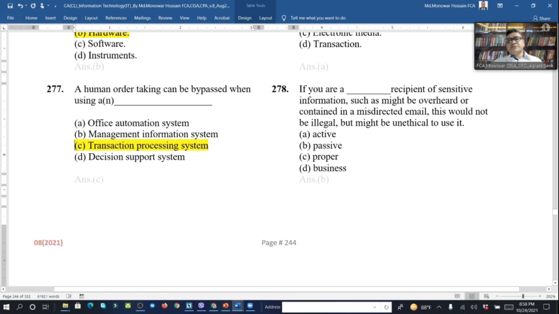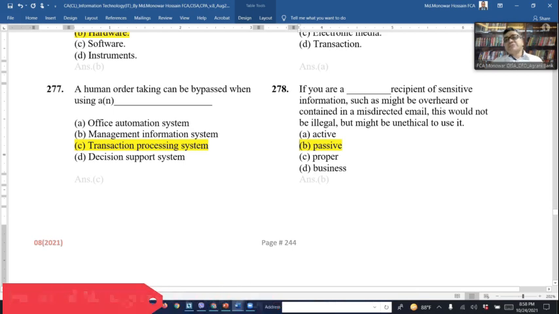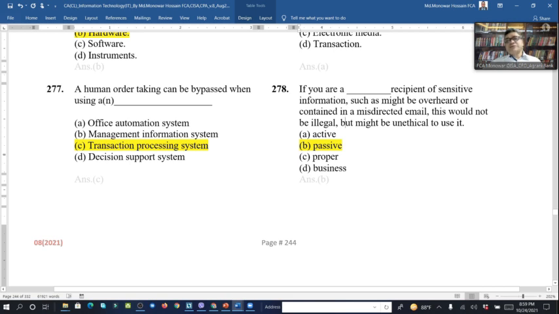If you are a passive, not active, passive recipient of sensitive information such as might be overheard or contained in a misdirected email, this should not be illegal but might be unethical to use it.